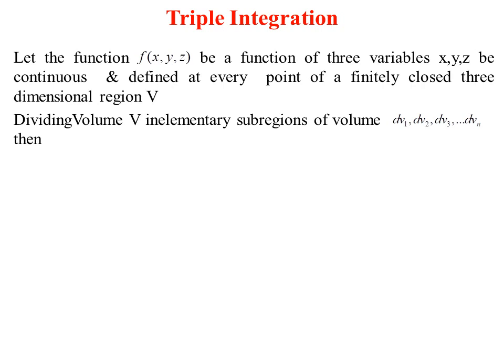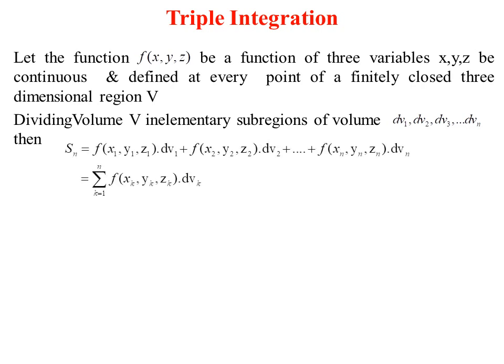Dividing this volume V into elementary subregions of volume dV1, dV2, dV3 and so on up to dVn, we can write down the sum Sn of this function over these elementary subregions as f of x1, y1, z1 into dV1 plus f of x2, y2, z2 into dV2, and so on, plus f of xn, yn, zn into dVn.